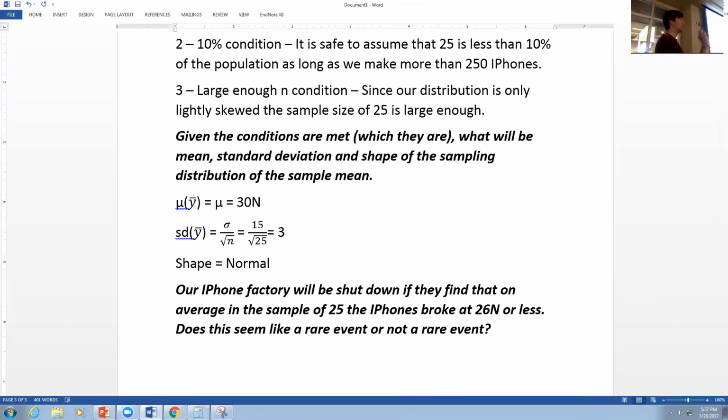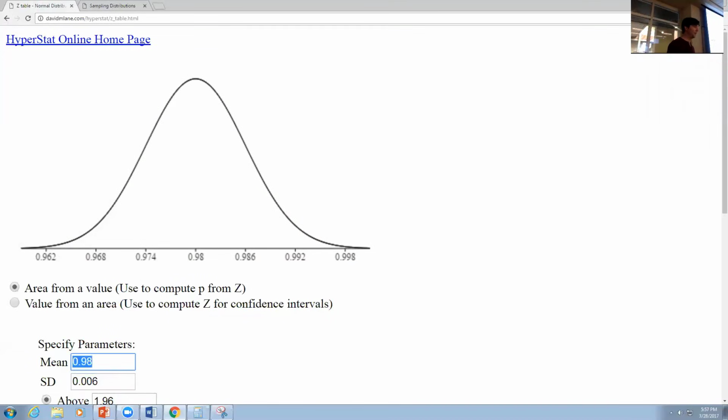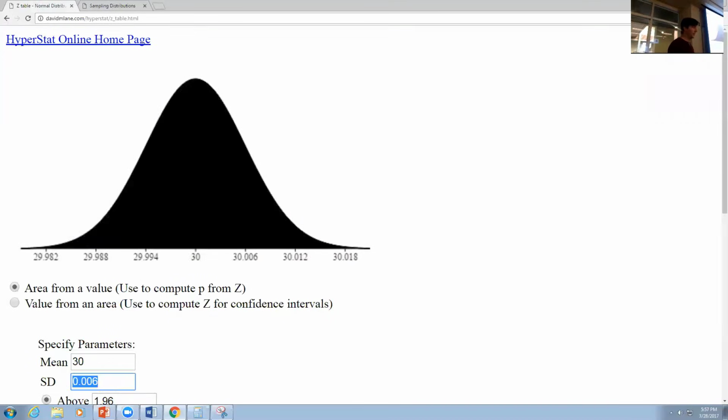That's the thing, because one iPhone with all of this variation could easily break at that, right? This is where people get confused, because one iPhone could very easily break at this. Remember, the original distribution, which was lightly skewed, had a mean of 30 and a standard deviation of 15.